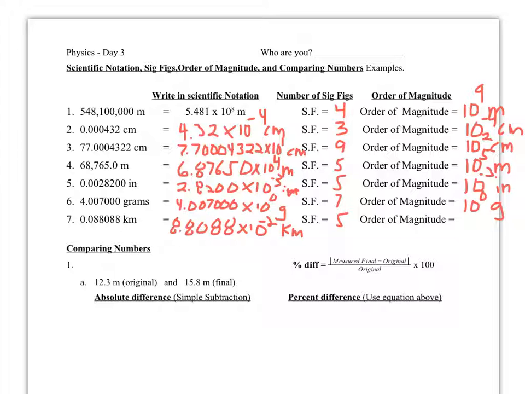Once again, it's 5 or bigger, so you take the 10 to the negative second and you have to add 1 to it. When you add 1 to that, it's 10 to the negative first, not 10 to the negative third, which would be subtracting 1. So the answer for number 7, the magnitude is 10 to the negative first kilometers.